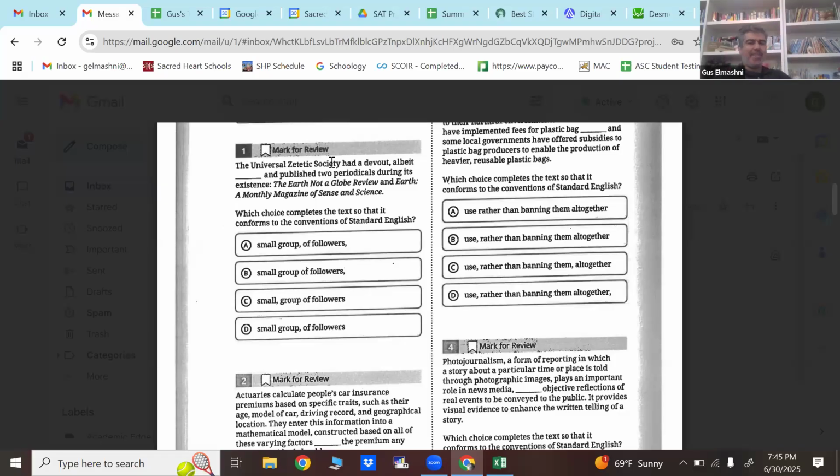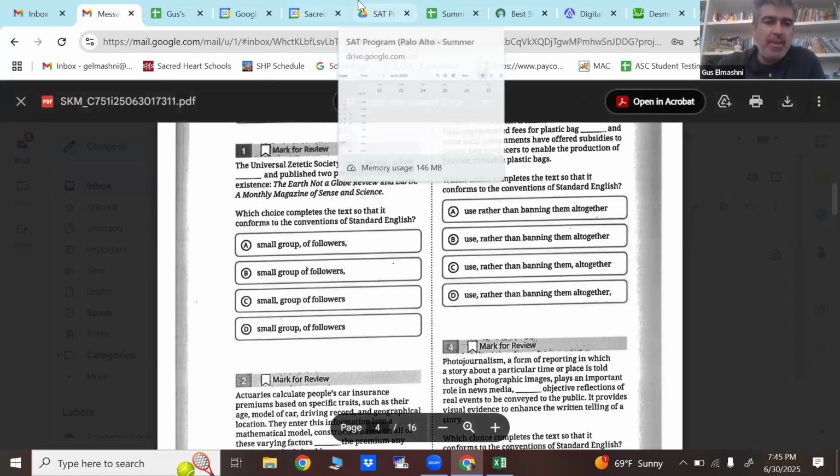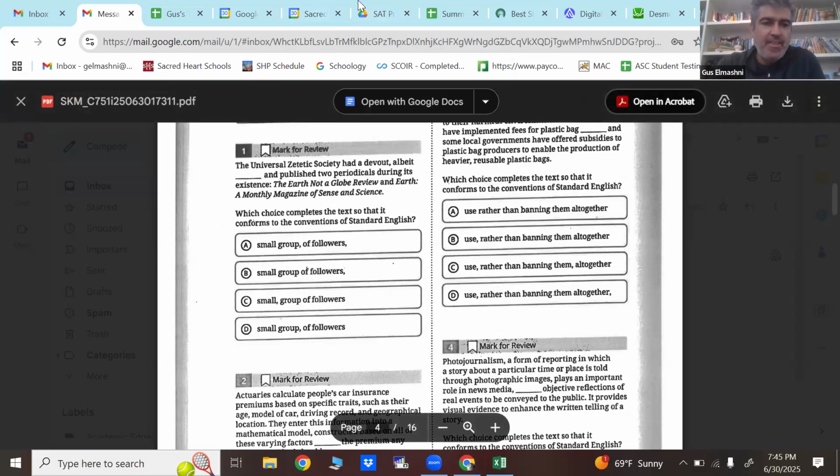It's a really, really good one. Very common. Very, very common. I'm gonna get my little highlighter here. This one's a little tricky to me.